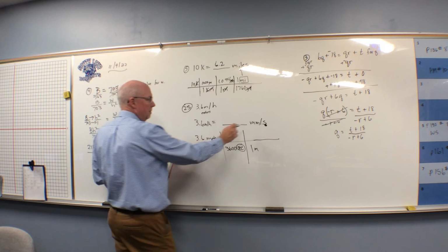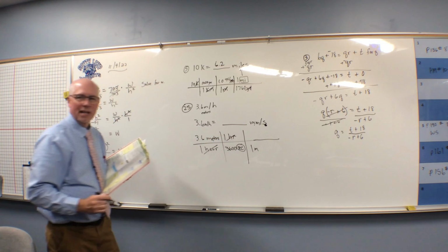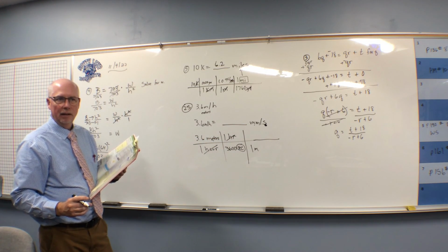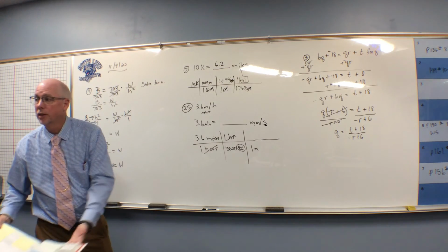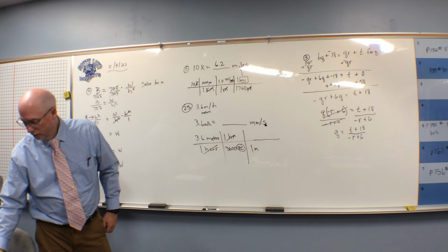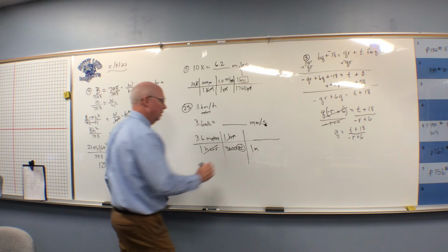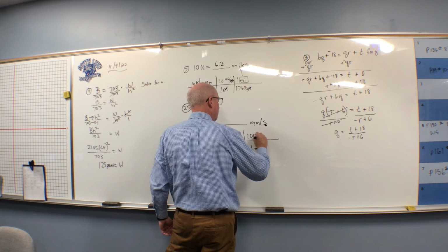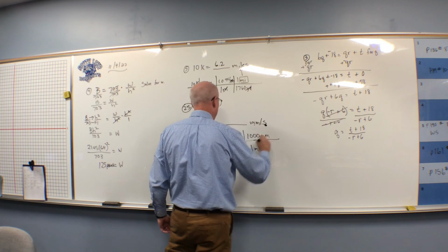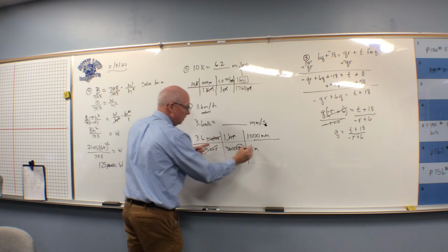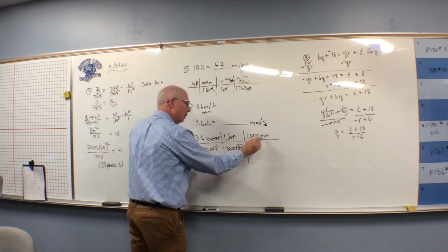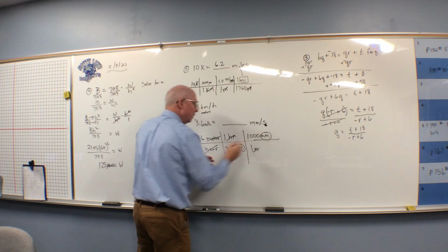Because we want to change to millimeters. You don't know how many millimeters are in a meter? There's 1,000, isn't there? Yes, there's 1,000 millimeters in a meter. So now the meters cancel, and I'm left with millimeters per second.